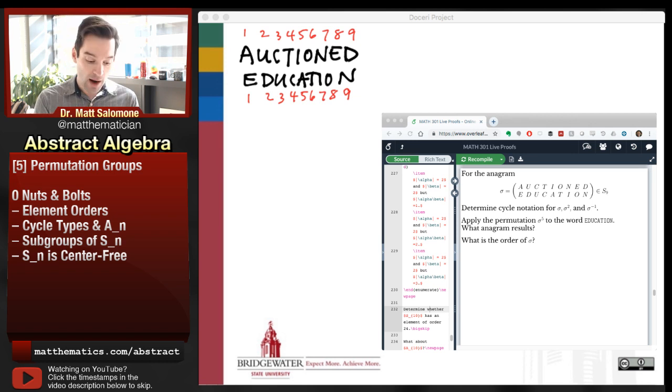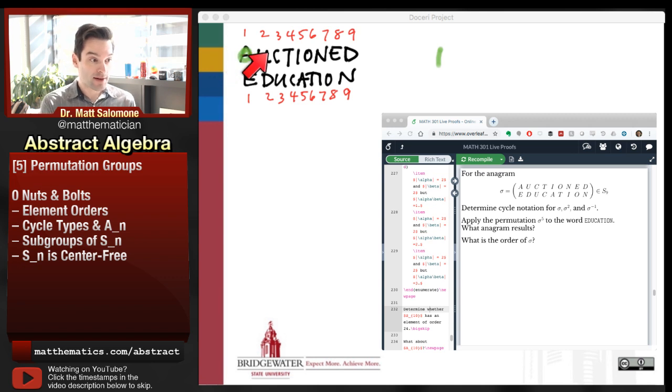Okay, so how are we going to come up with a disjoint cycle notation for this particular permutation? As usual, I'll take the first symbol to get my process started, and ask where that first symbol ends up after this permutation does its thing.